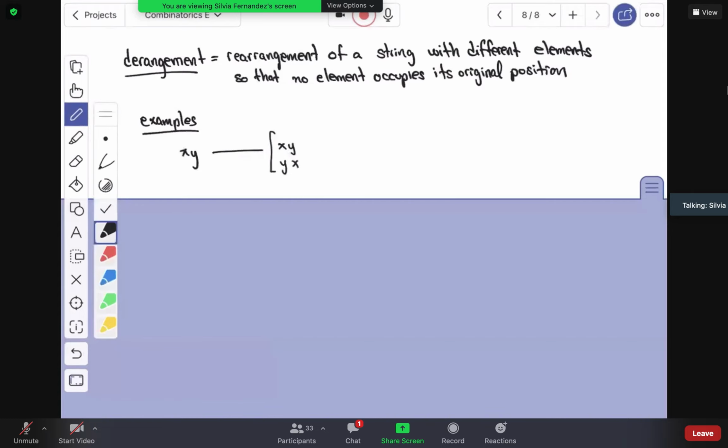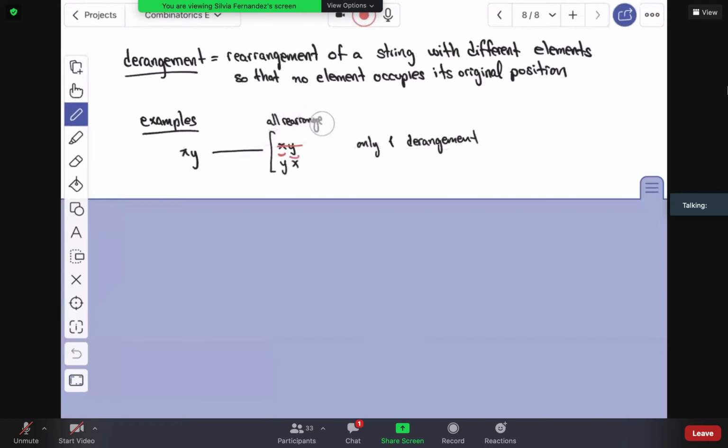But I do not want this one because here the x is staying in its original position, also the y. So that one doesn't count. So there is only one derangement. So these are all rearrangements, but only one of them is a derangement.